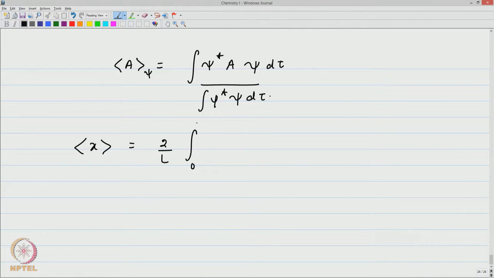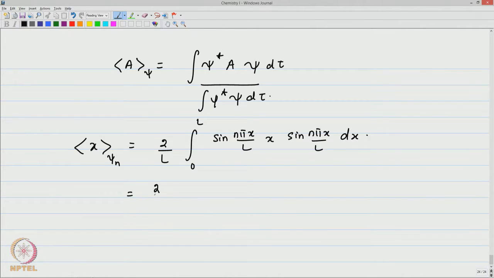So you have 2 by L, integral 0 to L, sin n pi x by L, in the state psi n, x times sin n pi x by L dx. The denominator is 1 because the wave function is normalized.